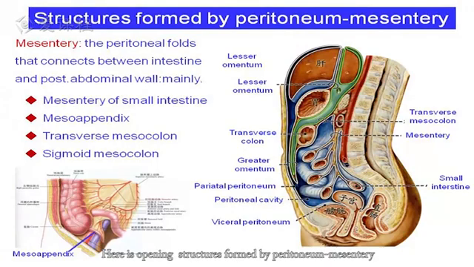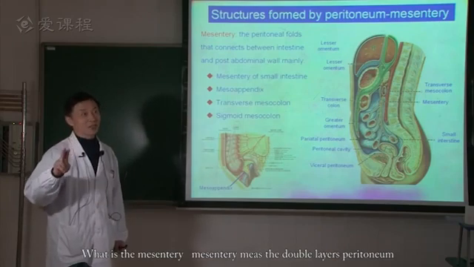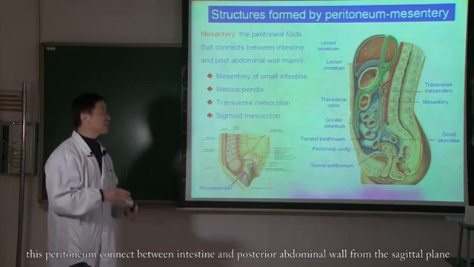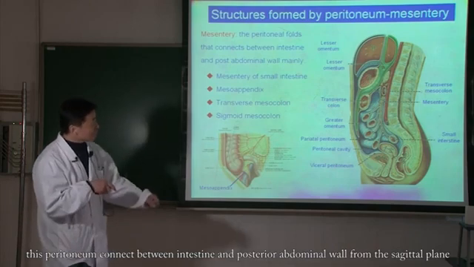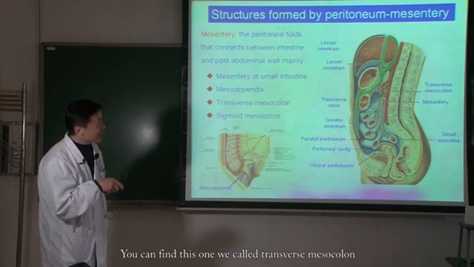Structures formed from the biperitoneal mesentery. What is a mesentery? Mesentery means a double layer of peritoneum. This peritoneum connects between the intestine and the posterior abdominal wall. From the sagittal plane, you can find this one, we call the transverse colon.